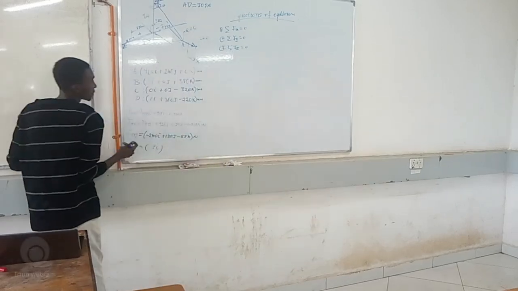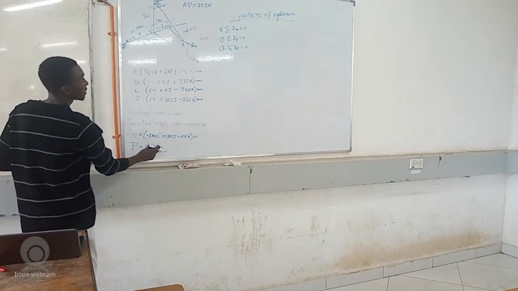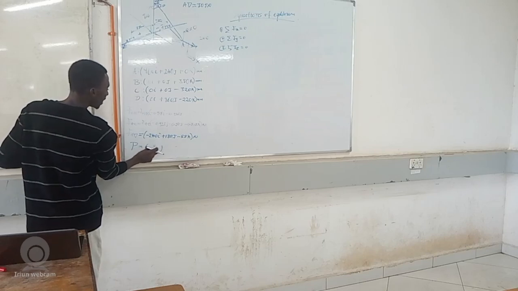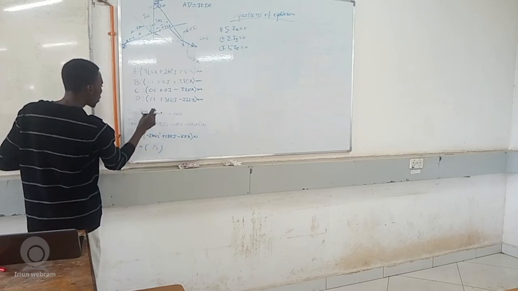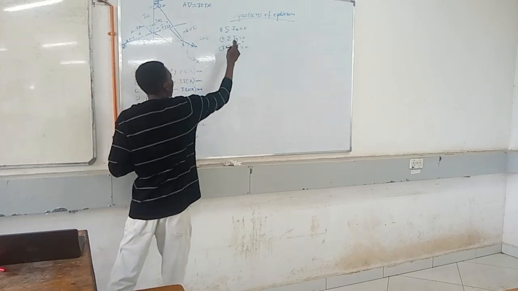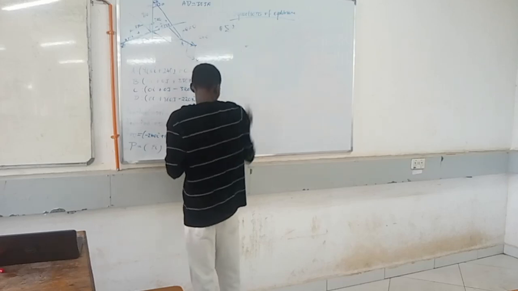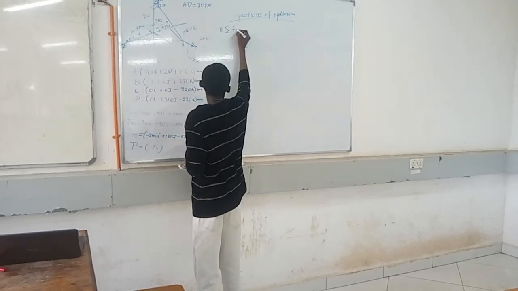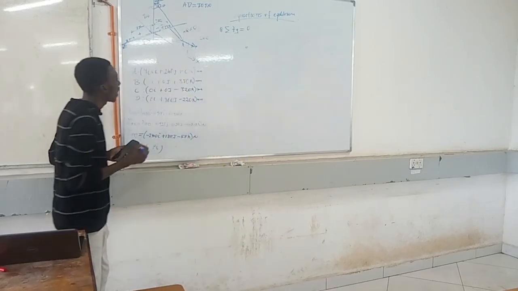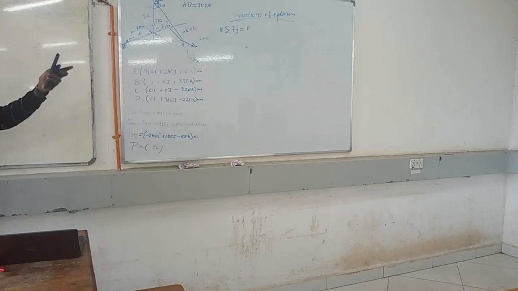Now for this case, we cannot start with the sum of the forces in the x because we have too many unknowns. We don't know P. P is in the x. We don't know this one, we don't know this one. So maybe we can start from y, the sum of the forces in the y is equal to 0, meaning we are going to add all the forces in the y and equate them to 0.